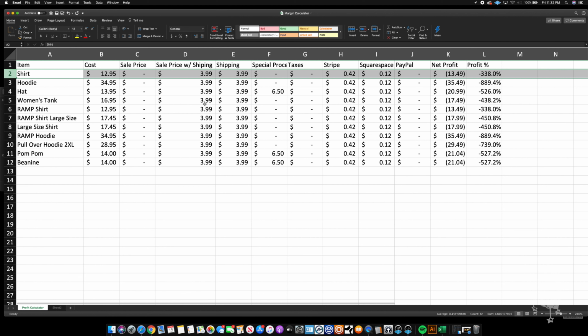And again, the shipping, as I said before, is kind of a catch-22 because Printful does it one way and Squarespace does it a different way. If someone is buying multiple items from your online store on Squarespace and you're using Printful, Printful is going to charge you $3.99 for the first one and then $1.99 for each other item.